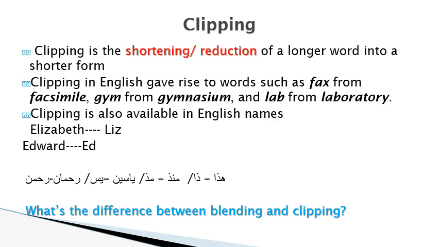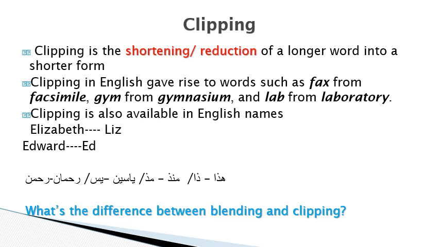For example, Elizabeth, we have Liz. Edward, we have Ed. In Arabic, yes, we have it. We have هذا clipped into ذا, منذ into مذ, ياسين into ياس. Okay, so I wanted you to think about the differences and similarities between clipping, blending, and compounding.